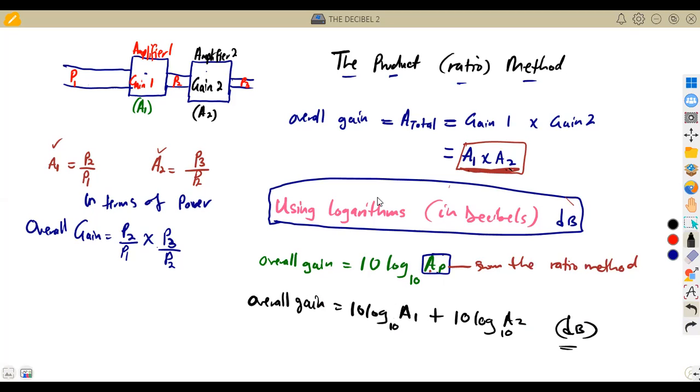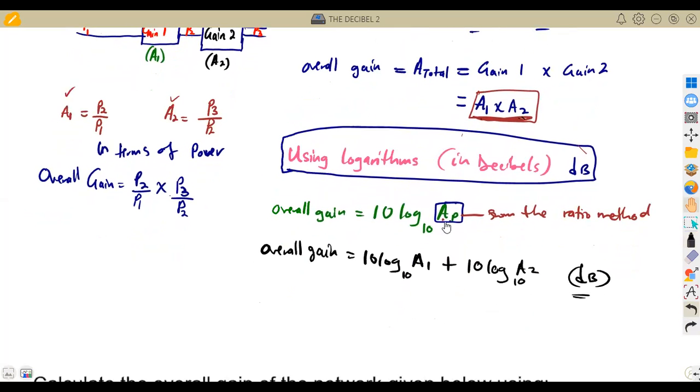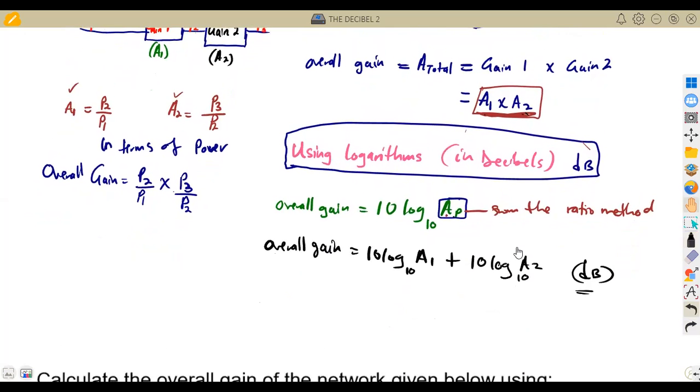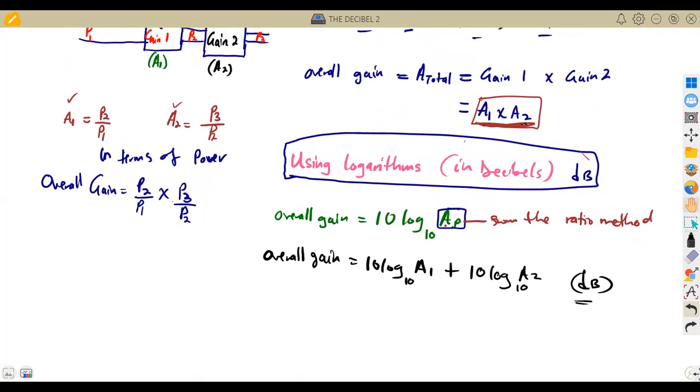So in conclusion, before we look into the questions that I have for you guys, this is what I want you to conclude. For the power that we are talking about in all these gains that we have represented, you are supposed to go back to the formulas that we talked about in the previous class.